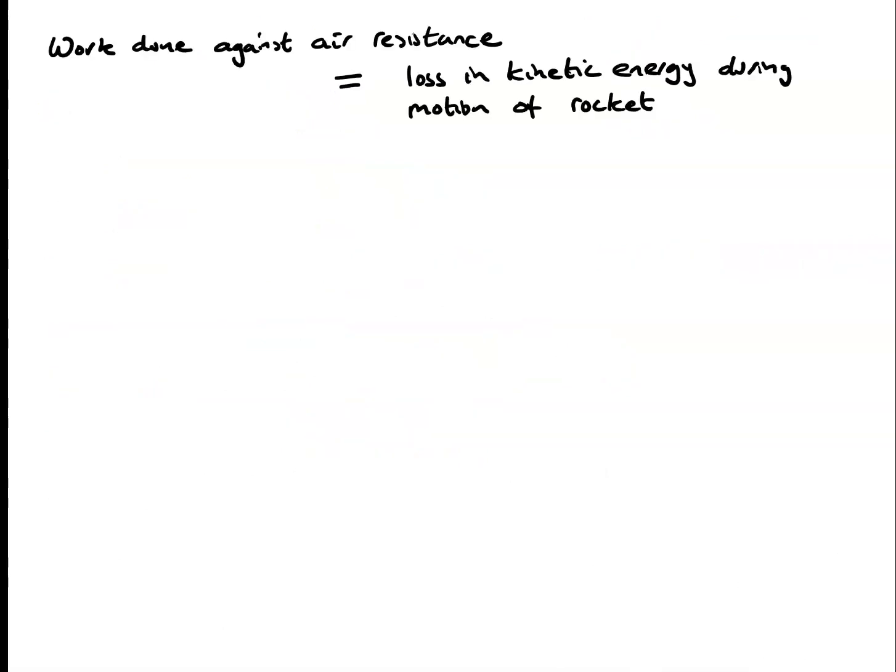Now for the final part, we were asked to work out the total work done against the air resistance in the rocket's motion. And the work done by the air resistance is going to be precisely the loss in kinetic energy during the full motion of the rocket. Because the rocket started at ground level and finished at ground level, there's no change in the potential energy.